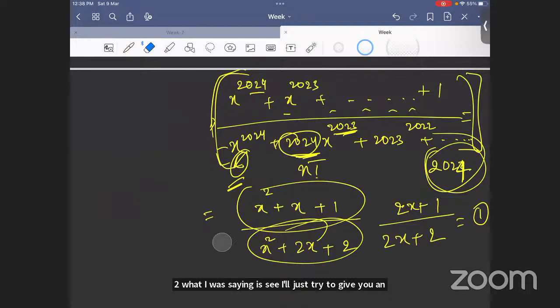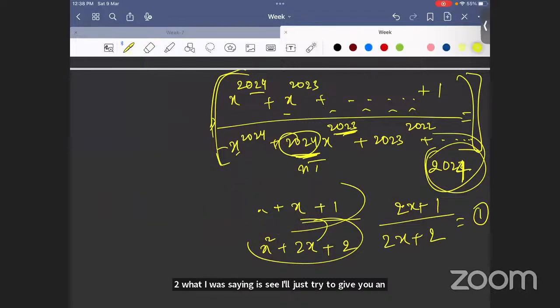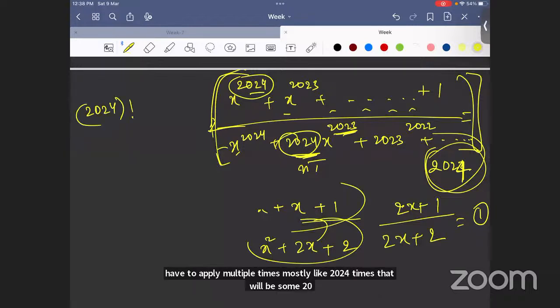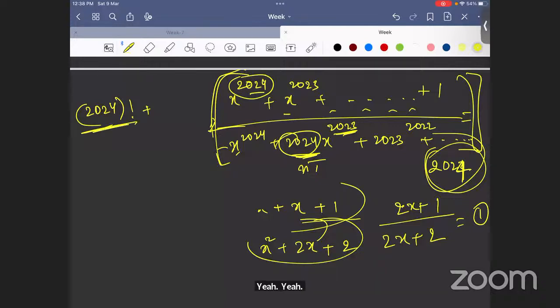You can try it out after the session also. L'Hopital rule is applied multiple times, mostly like 2024 times. It will be some 2024 factorial. Okay, and then you'll be left with 2024 factorial only. And here you'll have 2024 also, yeah.